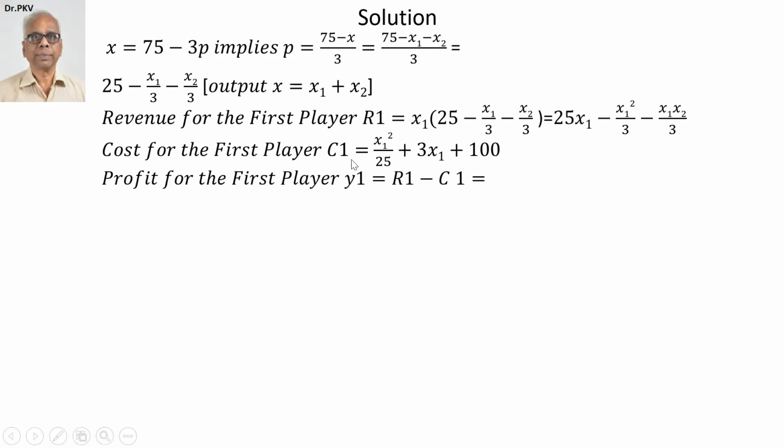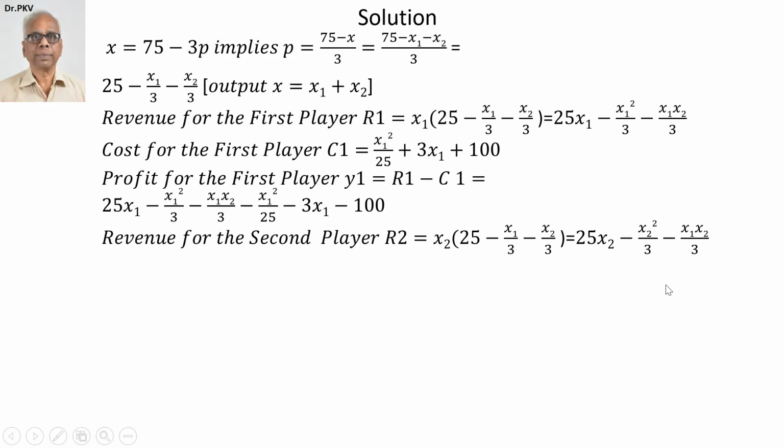Profit for the first player, Y1, is therefore equal to revenue minus cost, R1 minus C1, which is equal to 25X1 minus X1 squared by 3 minus X1X2 by 3 minus X1 squared by 25 minus 3X1 minus 100. Simply subtraction. Now, revenue for the second player, likewise, R2 is X2 into 25 minus X1 upon 3 minus X2 upon 3, which is equal to 25X2 minus X2 squared by 3 minus X1X2 by 3.